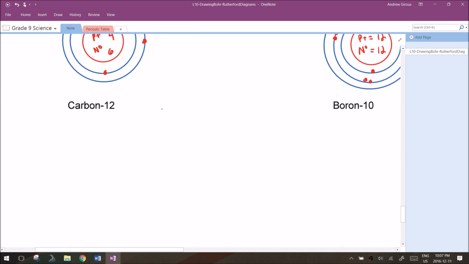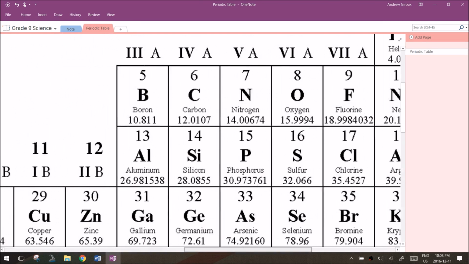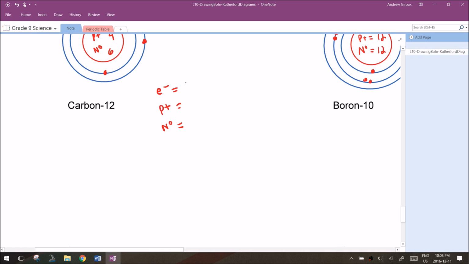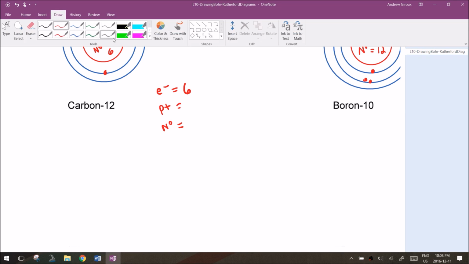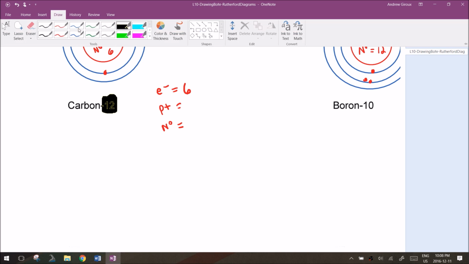Same thing as before, we're going to need to know the number of protons, neutrons, and electrons. So carbon on the periodic table is atomic number 6. So we know that no matter what, we're going to have 6 electrons. What's different about isotopes is that this number right here, remember, tells us the atomic mass.